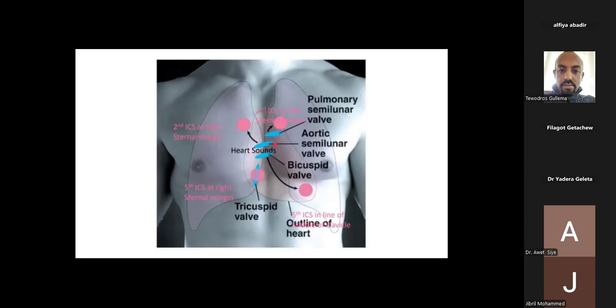For example, aortic regurgitation may be best detected at the left third, that's Erb's point. And the other is subvalvular obstruction, for example a patient with hypertrophic cardiomyopathy or subaortic valvular stenosis. In this condition, the murmurs might be best heard at Erb's point. So there are 5 areas: 1, 2 here, 3, 4, and 5, okay, 5 areas.